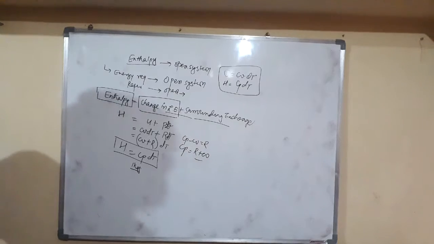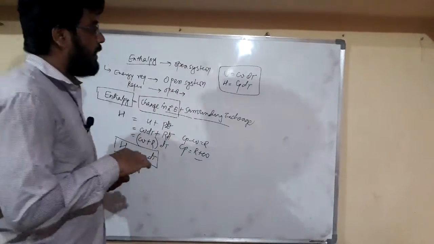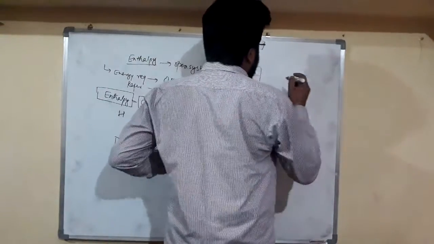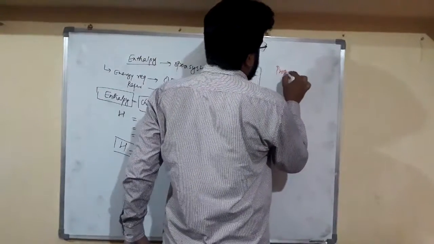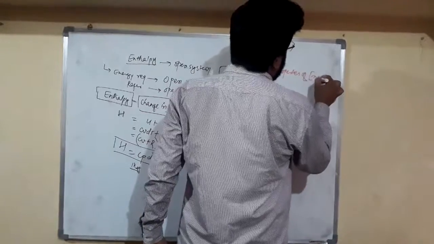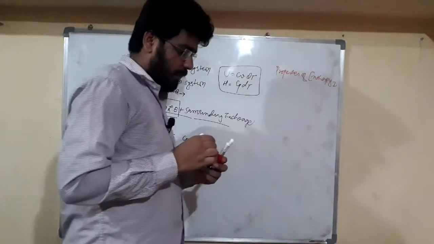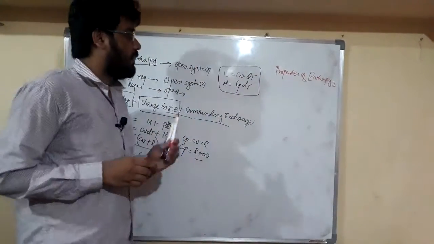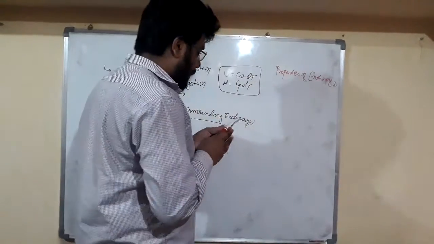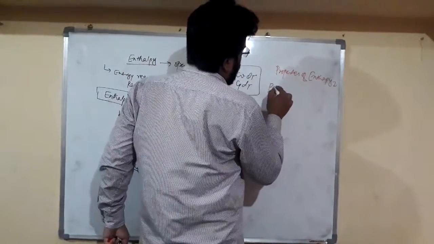Now friends, we will take some properties of enthalpy. What are the basic properties of enthalpy? Dear friends, as I already told, this is our thermodynamic property. So it is a point function.